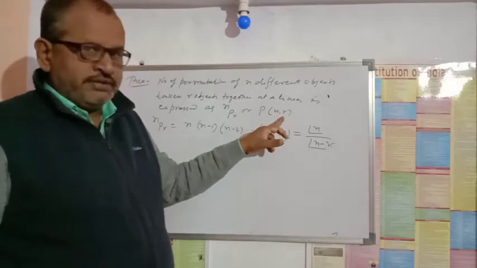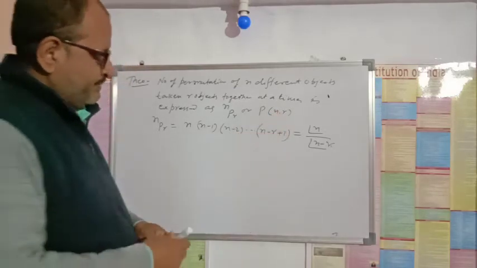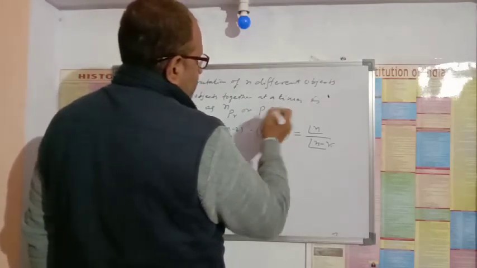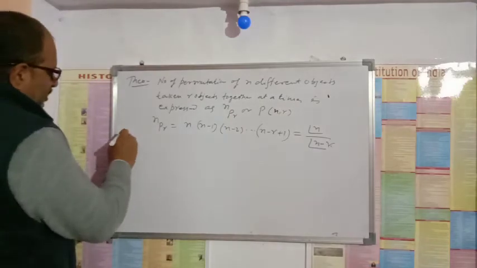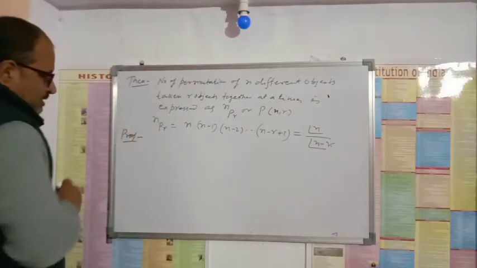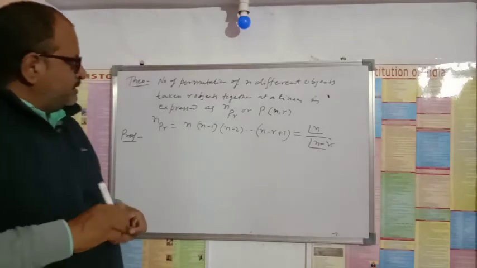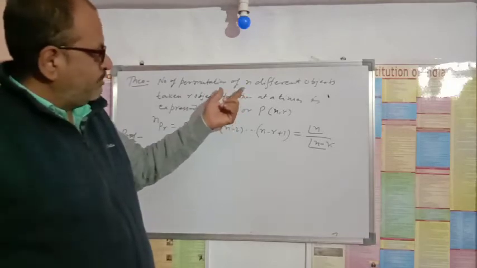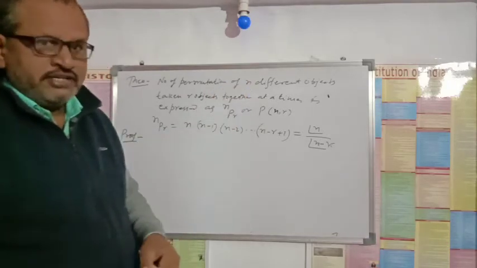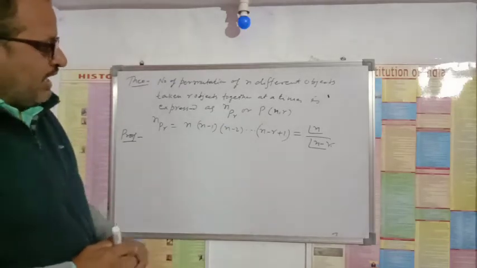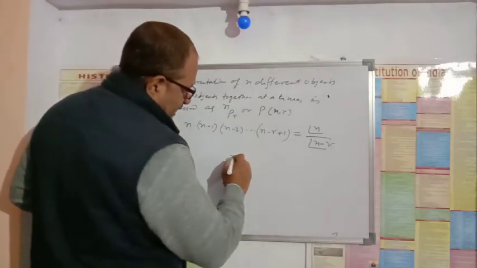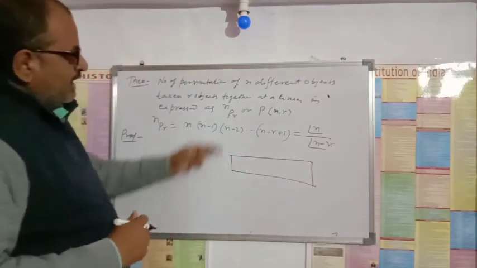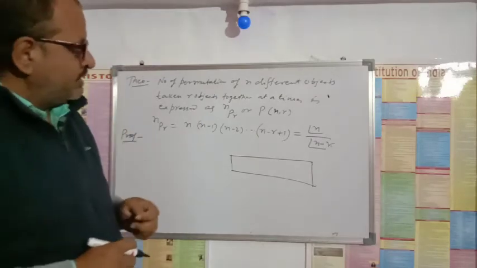What will be the value of r? From 1 to n, the value of r will be less than or equal to n. See how we can prove it. Taking r objects together at a time, the number of arrangements out of n different objects is the same as the number of ways r vacant places can be filled by n different objects.